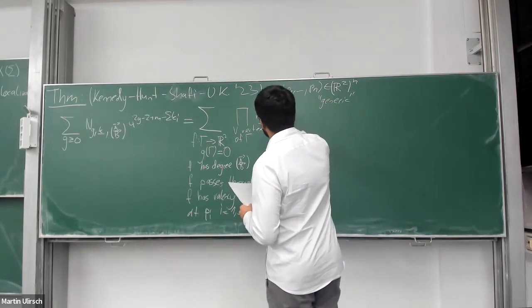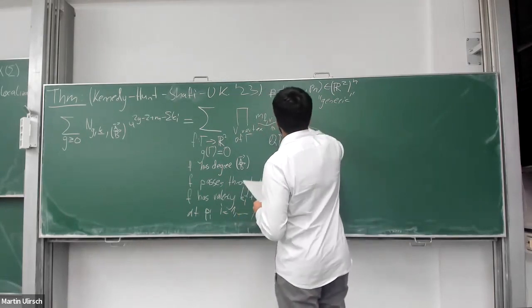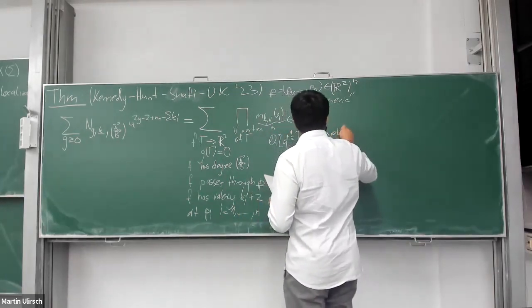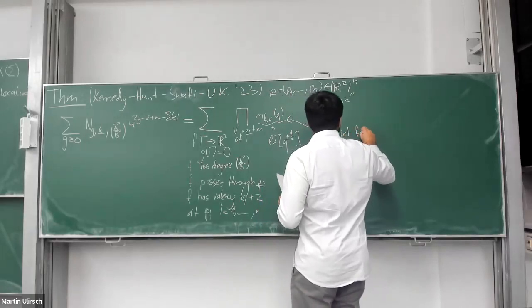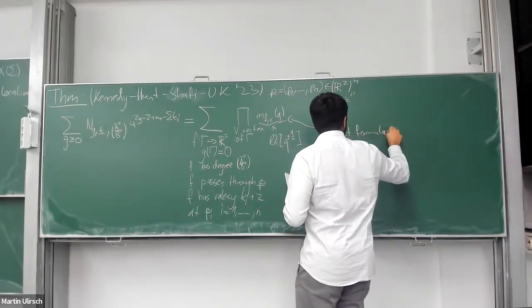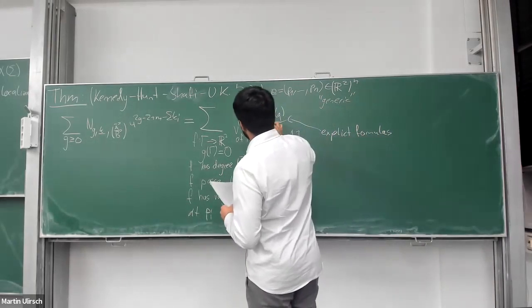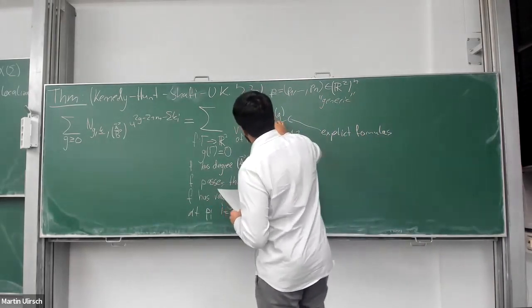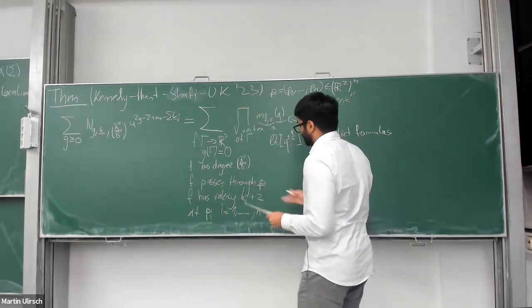Later I'll show you some explicit formulas for this. These multiplicities really only depend on what is locally happening around that vertex in the tropical curve.